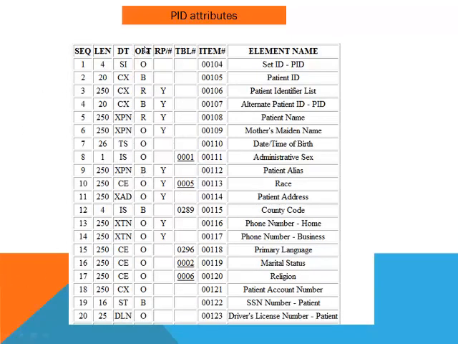If you see the OPT column here, the option, that means some fields are required. For example, the patient identifier list is required. Also, the patient name is required. Those are the two required fields. There are a bunch of optional fields here, for example the set ID, mother's middle name, date and time of birth, race, and patient address.